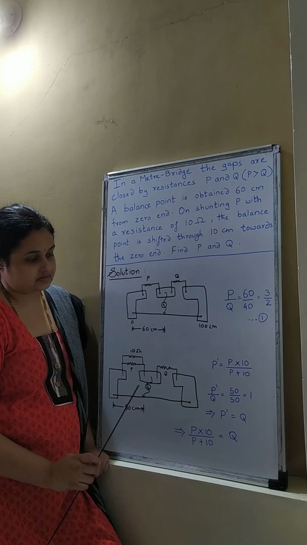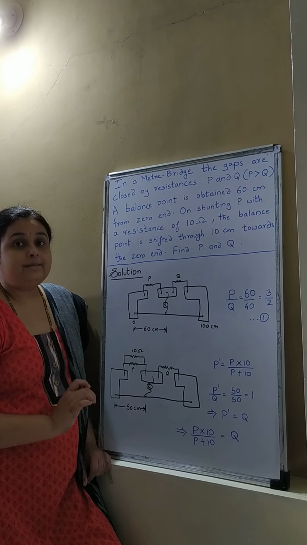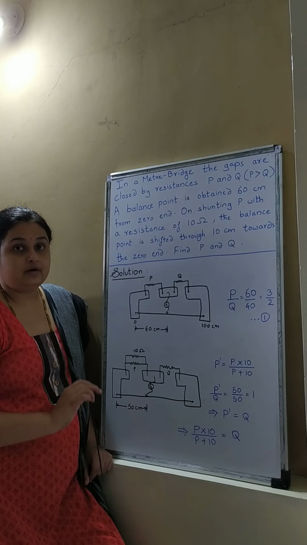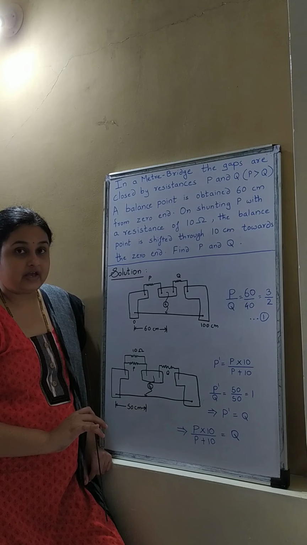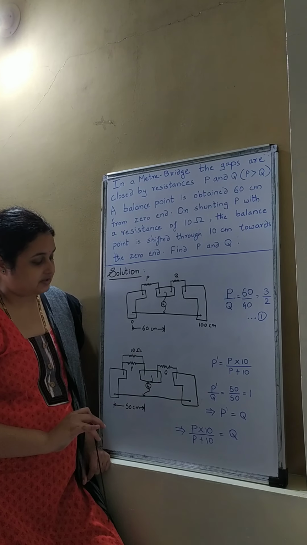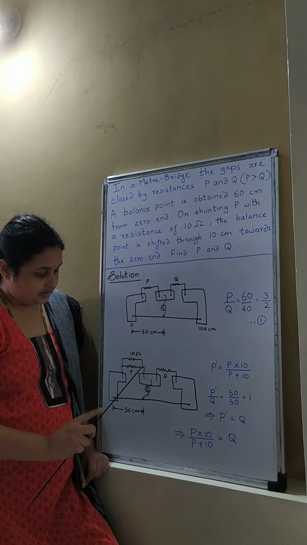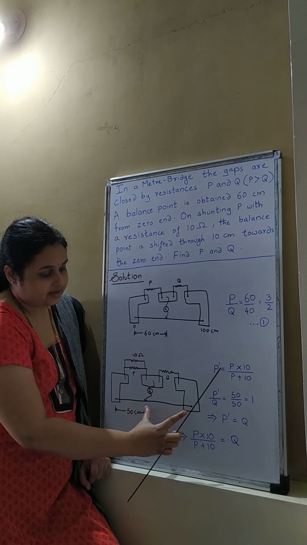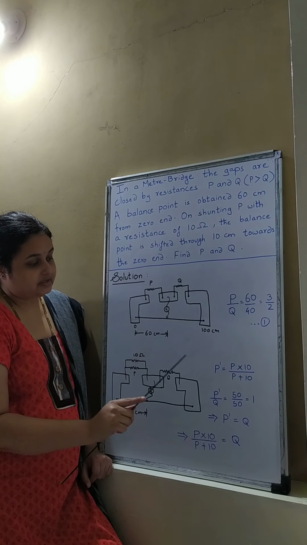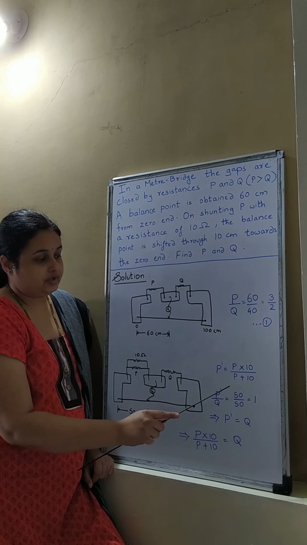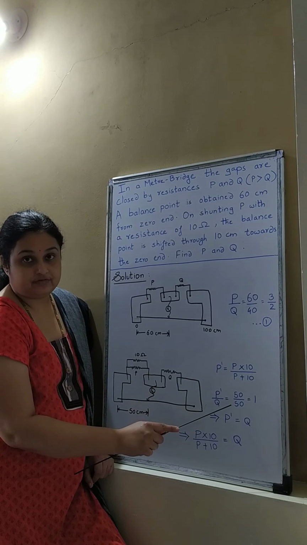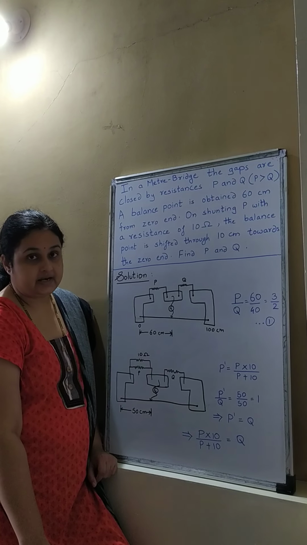Let's keep it as it is. Now, for balanced setting, what do we have in a meter bridge? P dash upon Q is equal to this length divided by this length. So P dash upon Q is equal to 50 upon 50, that is 1, right?